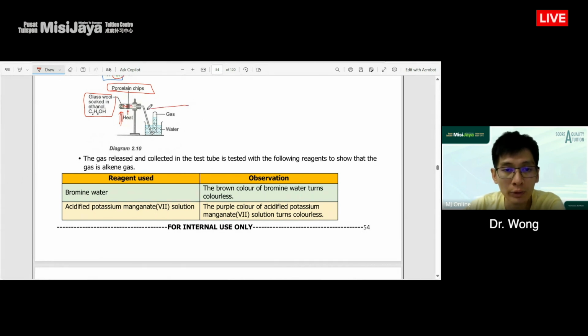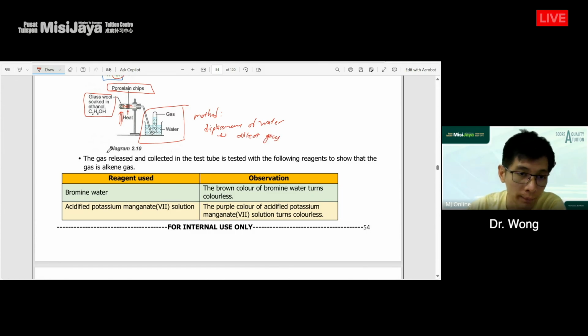Okay, so if the question asks you what this method is, do you still remember? Displacement of water, to collect gases. So this is the way. The gas released is collected in the test tube, where we know that this is actually ethene gas.